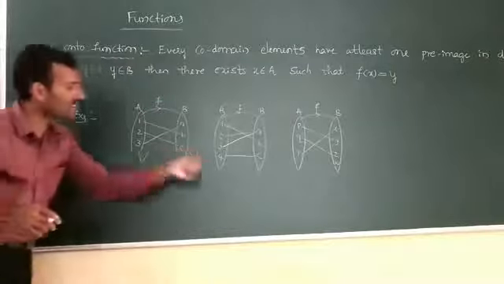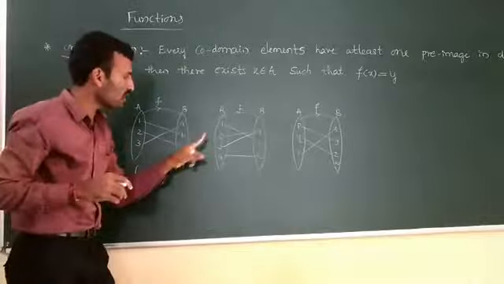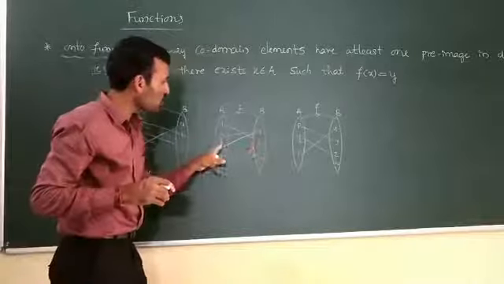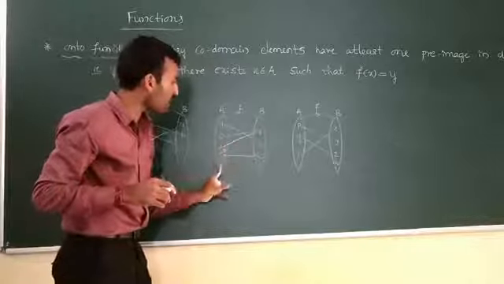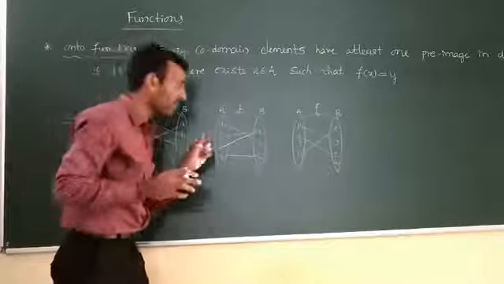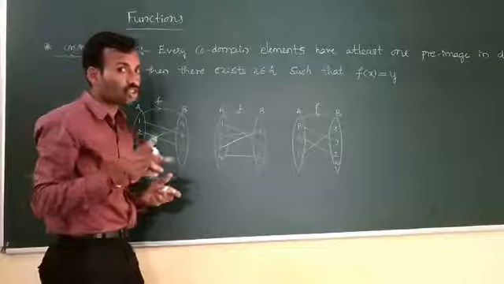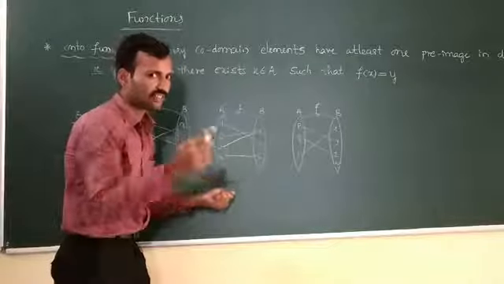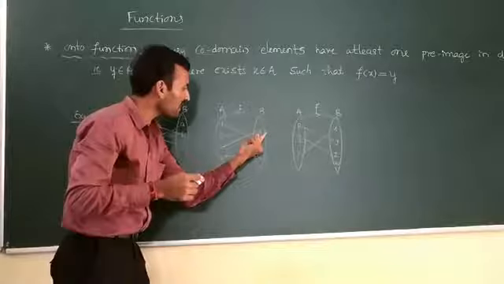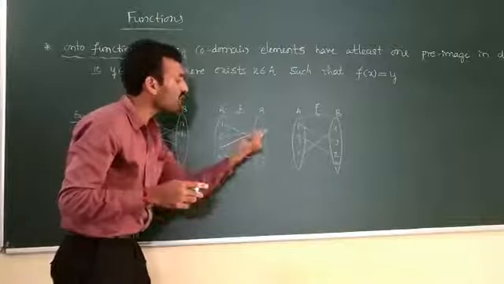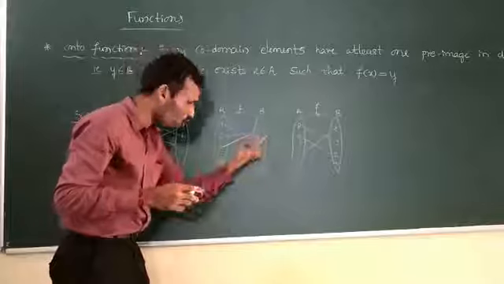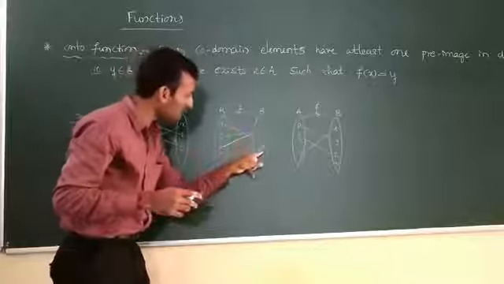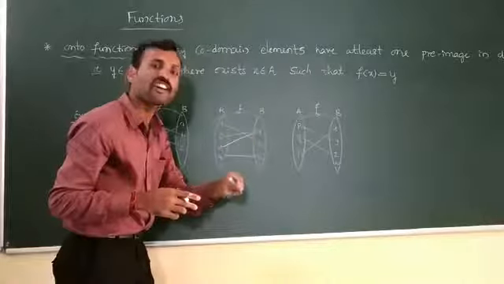Okay. Next, the second example. Here 1 is an element of B, 2 is an element of A, 3 is an element of A, and 4 is an element of C. Definitely this function is an onto function. A, B, C are the codomain elements, and similarly A, B, C are the range elements.